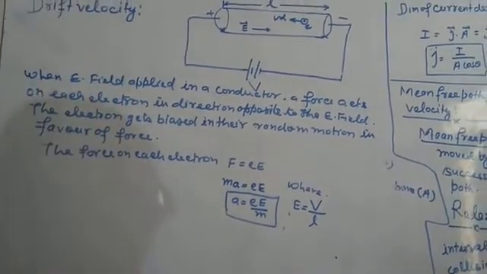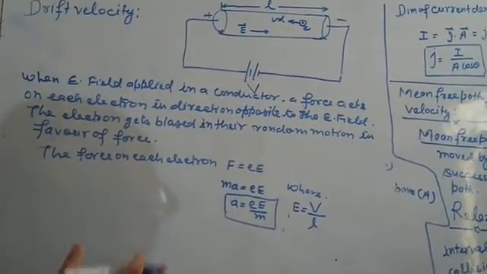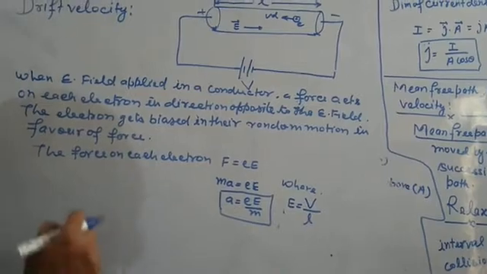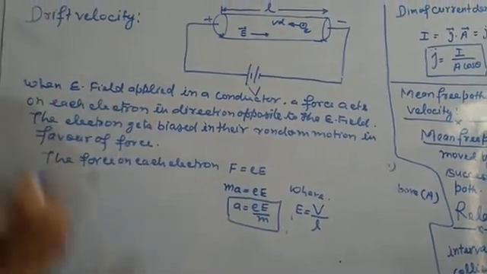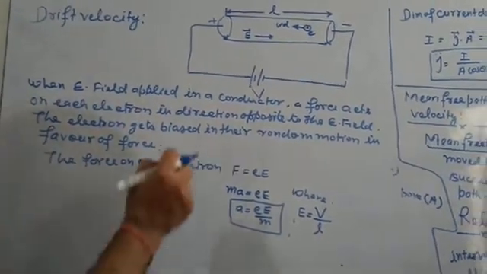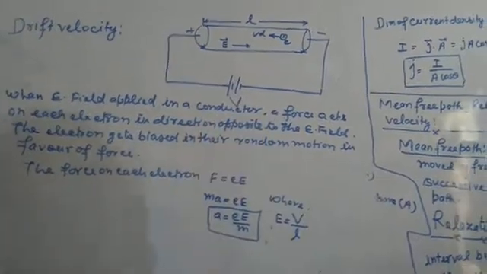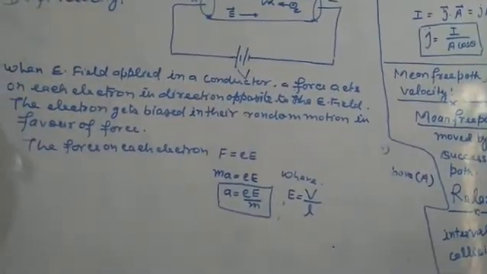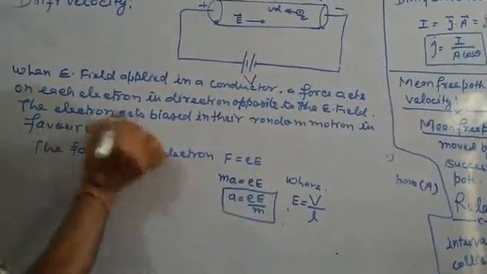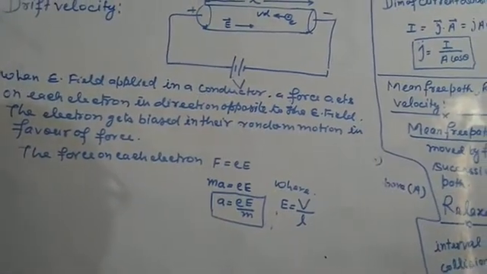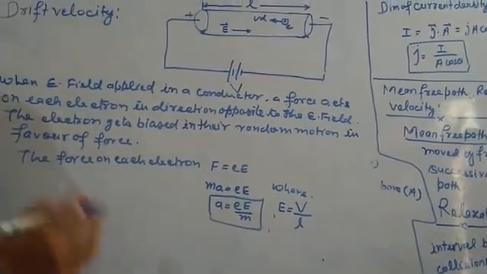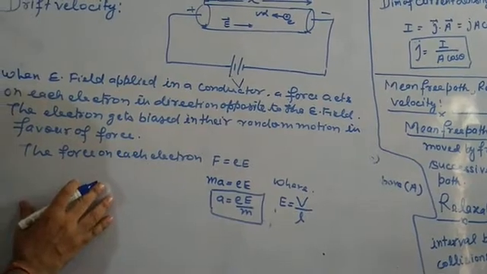But when an electric field is applied along a conductor, a force acts on each electron in the direction opposite to the electric field. The electrons get biased in their random motion in favor of the force.